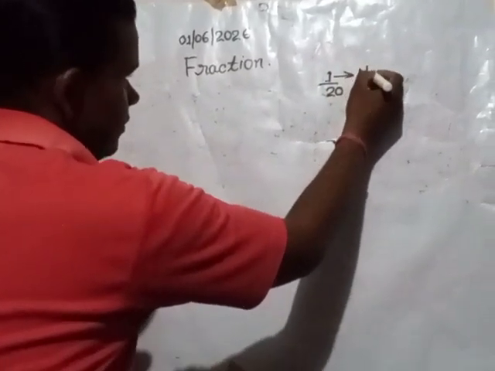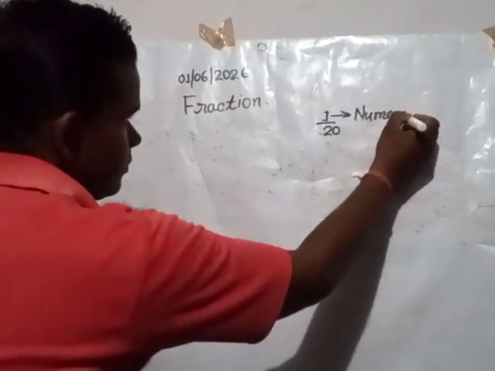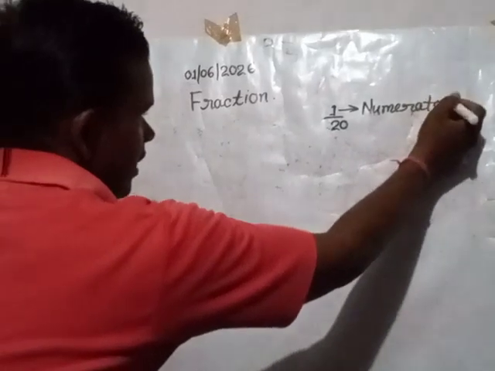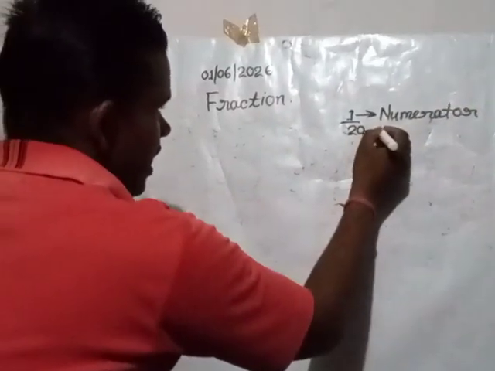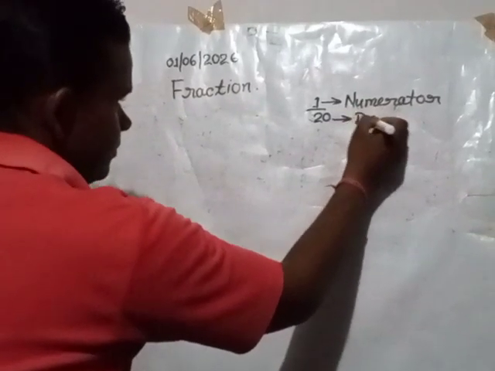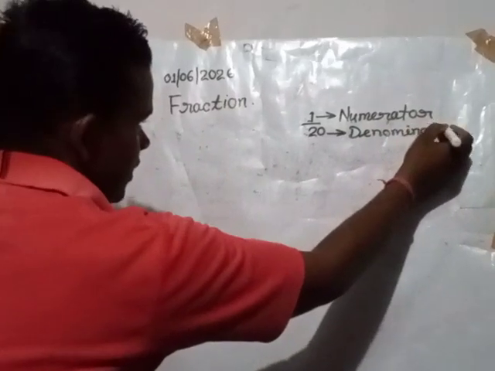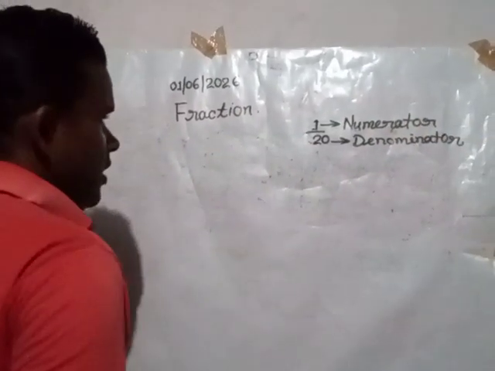Above the line, that number is called the numerator, and below the line is the denominator, right?